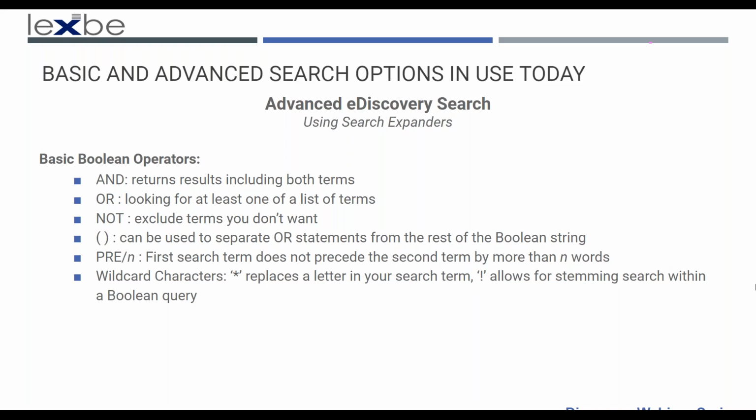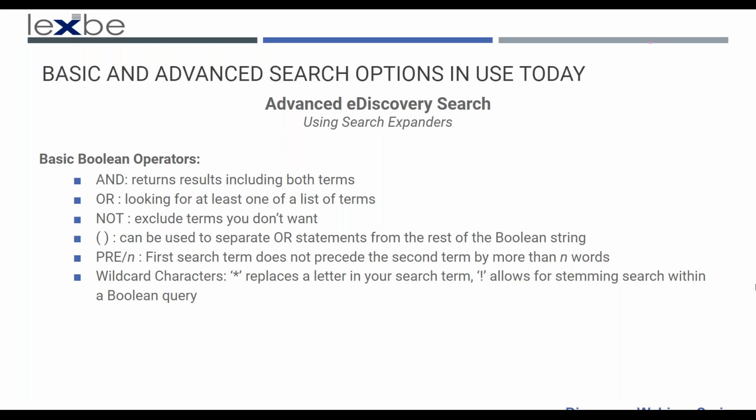So if you run into issues where you're doing searches that you are familiar with based on your familiarity with Lexis and Westlaw, but you're in your e-discovery platform and finding you're not getting the results you would expect, it's probably best to reach out to your customer service and check your syntax or your operators to make sure that they're compatible with the library behind the scenes that supports your vendor's search index.